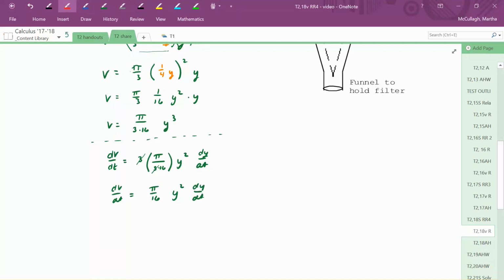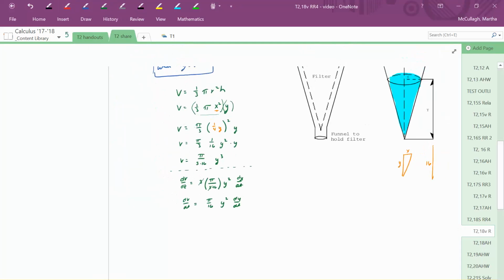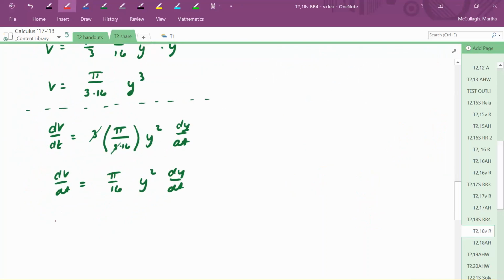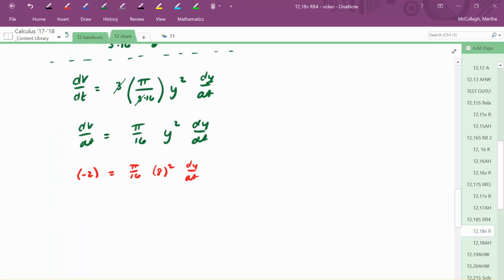Now I can go ahead and plug in some values. I know that dV/dt from up above is -2, equals pi over 16. And they asked us to find this when y is 8, and they're asking us to find dy/dt, so that should stay in there as a variable.